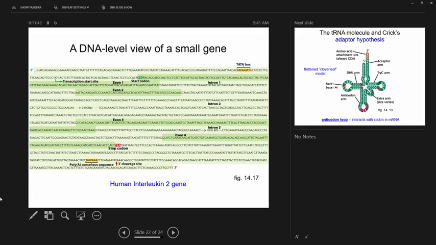So here is where the messenger RNA would be cut. Somewhere very close after this, maybe down in here somewhere where there's that run of T's, would be where the RAT1 catches up and causes transcription to stop. So somewhere really close after this 3' cleavage site is where transcription would actually stop.